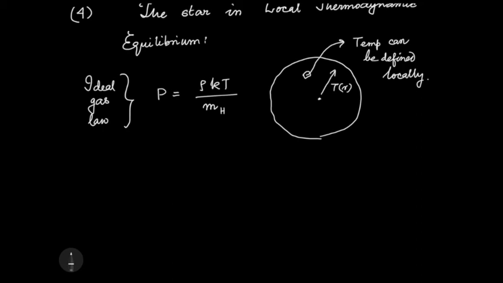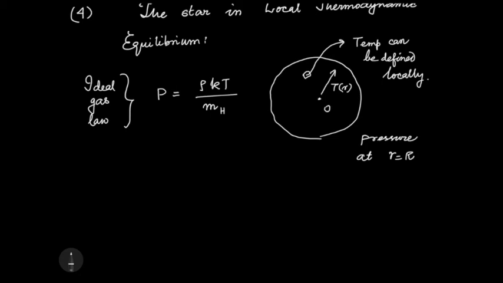So that will make us wrong by a few factors, but we will tolerate such wrong things for some time. Now you can imagine the pressure at the surface, that is at small r equals capital R.